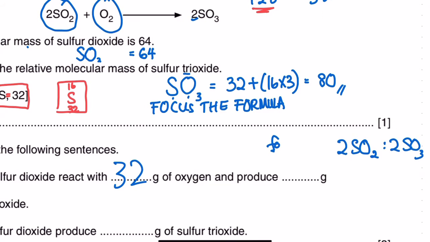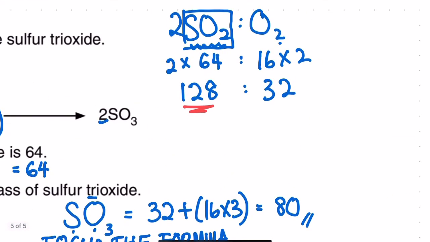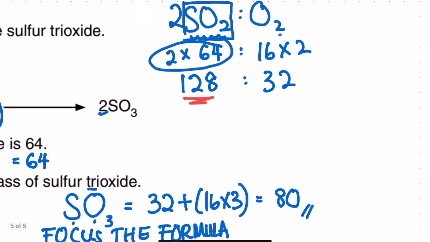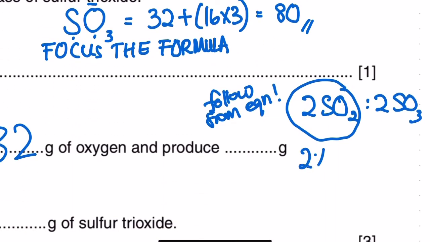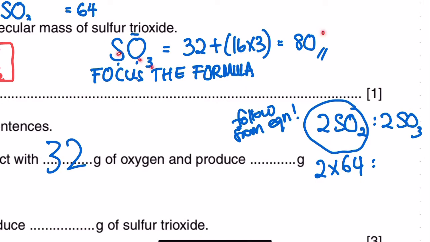Okay, follow from the equation. Okay, next, what's the mass for this 2SO2? We can just use the value from here, which is this 2 times 64. 2 times 64 to the ratio of sulfur trioxide. Sulfur trioxide SO3 was 80.